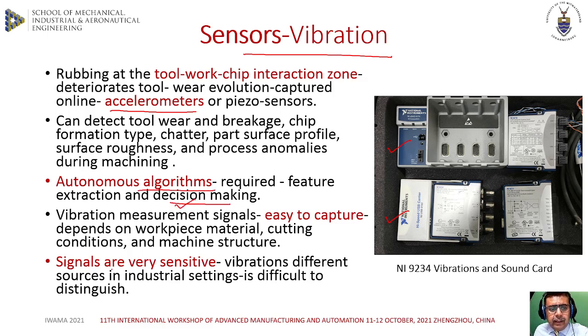Now the problem with vibrations is that there can be many sources of vibration on a machine, so it becomes really difficult to detect whether the vibrations are really coming from the tool wear or from some other source. So that's a drawback associated with vibrations.